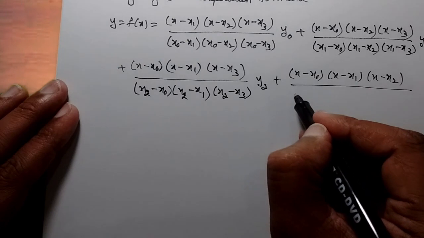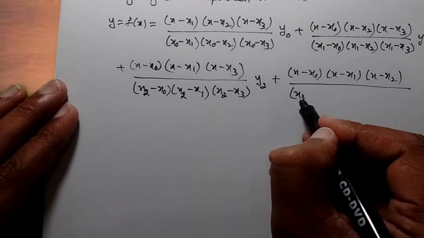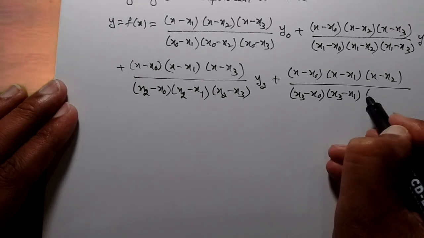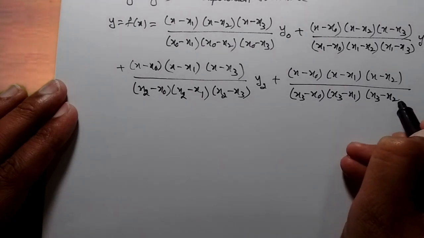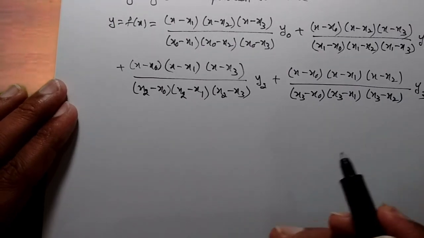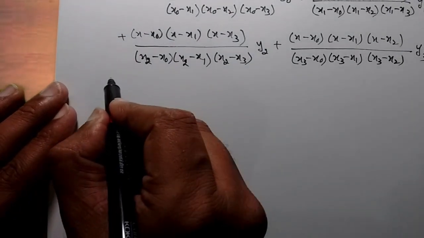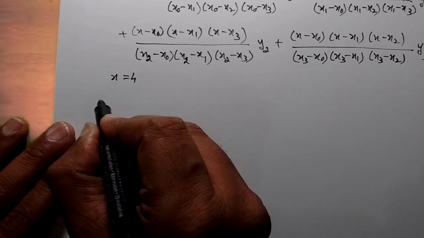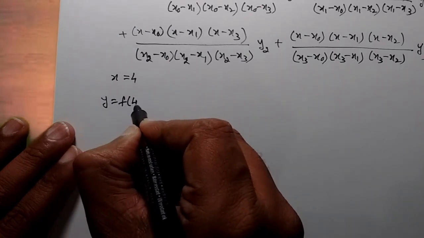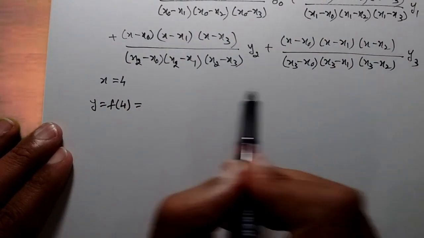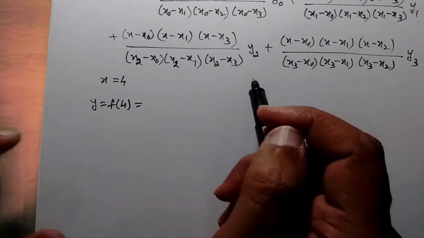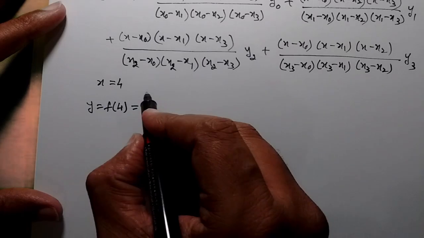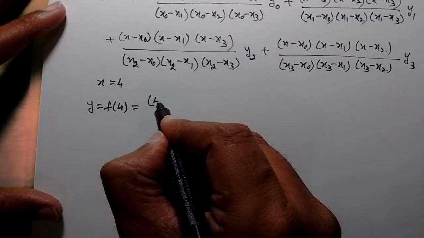Here x3 will be missing, so replace x by x3: (x3 minus x0)(x3 minus x1)(x3 minus x2) times y3. Just at x equal to 4 we need to calculate, we need to find y of 4. So plug in all the values, you know all the values, so I'll give you some time to plug in. Meanwhile I will also plug in and see what solution you'll be getting.